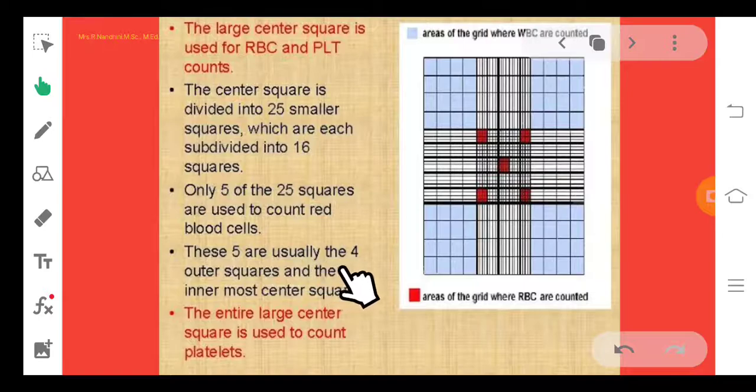These 5 are usually the 4 outer squares and the innermost center square. The entire large center square is used to count platelets. So these red points, 1, 2, 3, 4, 5, are very important points. These are the areas of the grid where RBCs are counted.